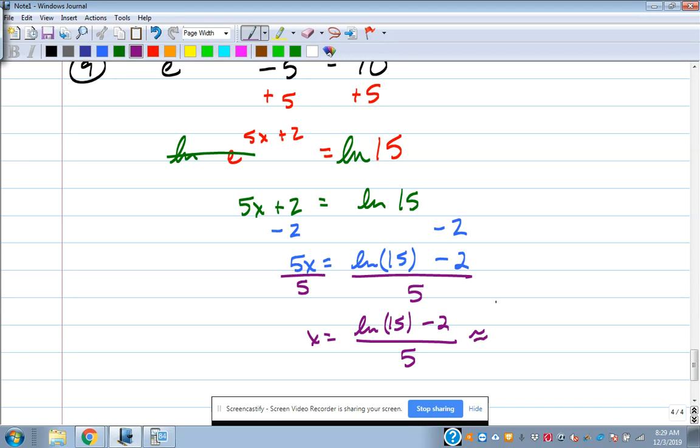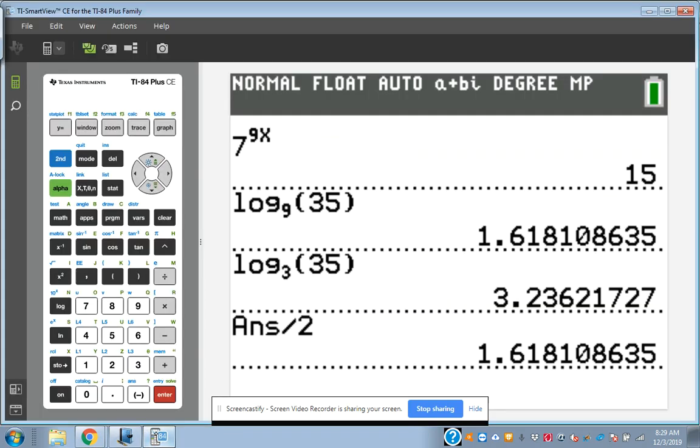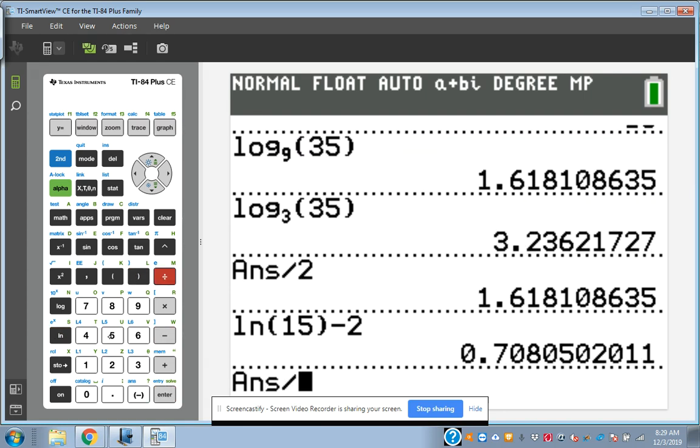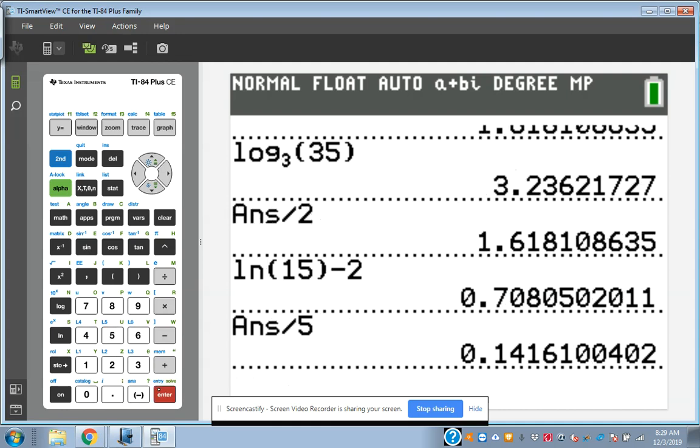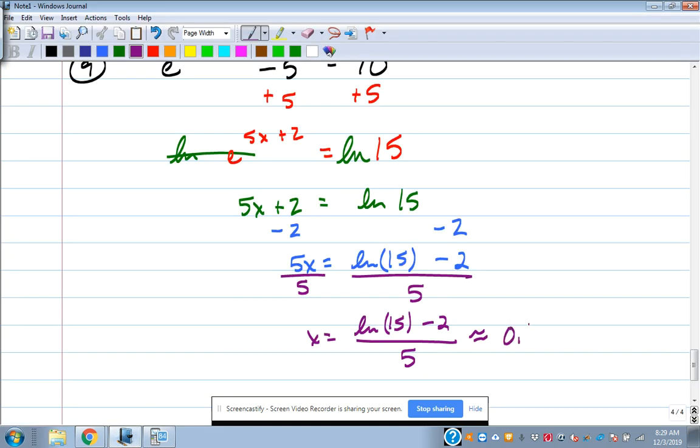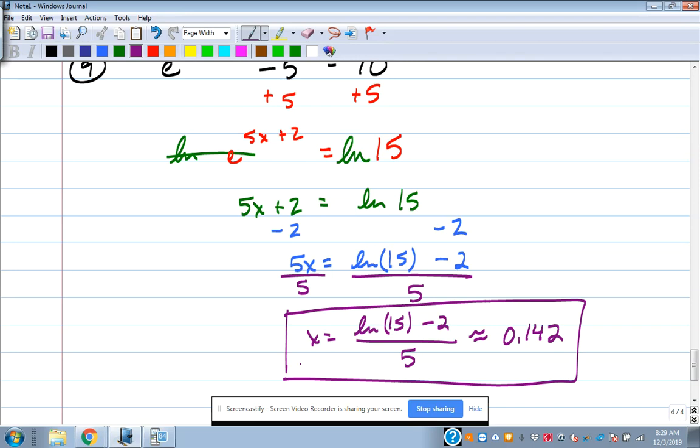We're going to get a decimal approximation for that. Natural log 15 minus 2, divided by 5. 0.142. Be careful there.